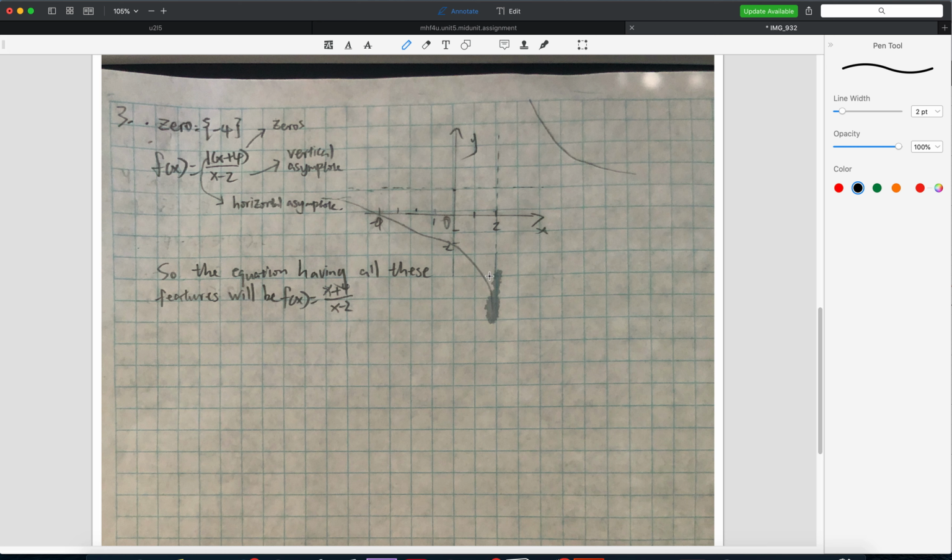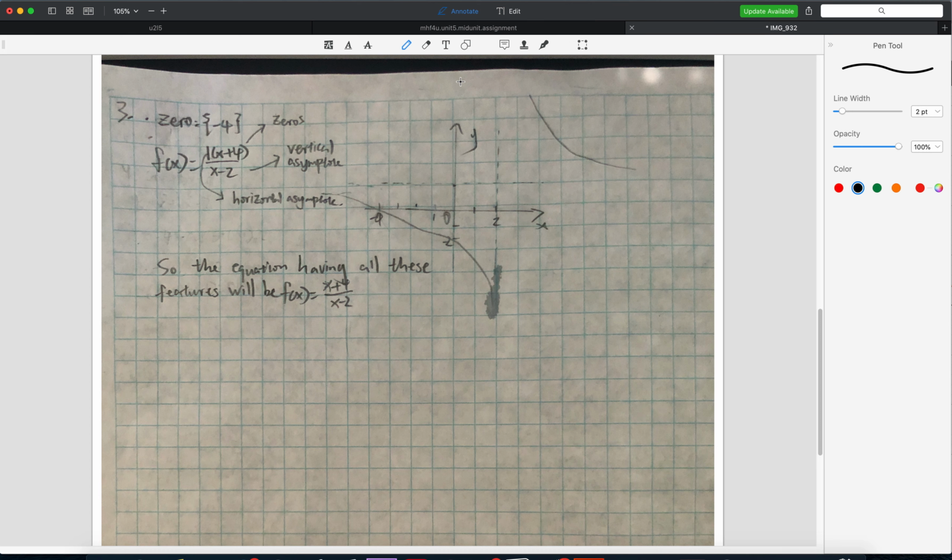So I just drew a line that passes the 2 points here. But actually we just need to know that the vertical asymptote is the denominator, and the zeros are what we need for the numerator.